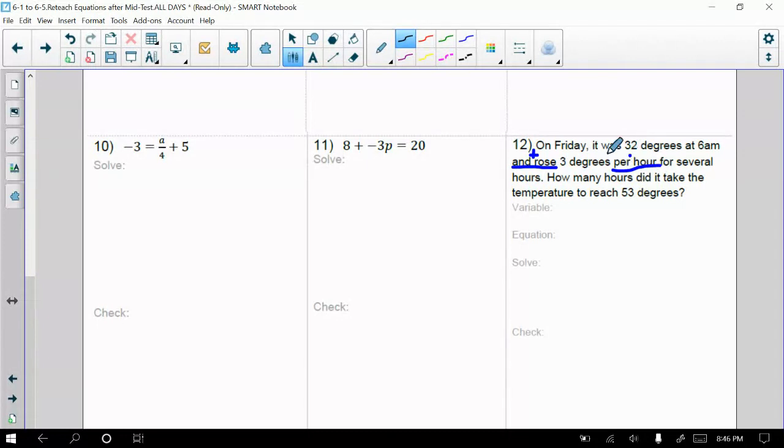That means you're taking 3 times however much it is, how many hours it was rising. We don't know the hours. Right there it says you're taking 3 times your variable. So how long did it take to reach your 53 degrees? That is your equal sign. Okay, hopefully I hope that helped so that you could set it up.